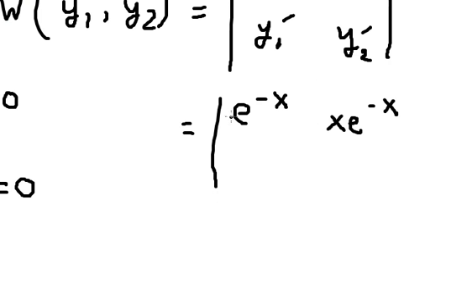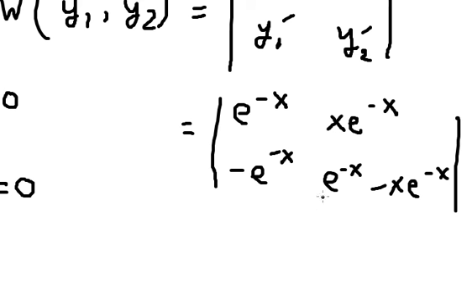First derivative of this one we have negative e to the power of negative s. First derivative of s, we have number 1, so we have e to the power of negative s. First derivative of e to the power of negative s, we have negative s e to the power of negative s. This is about the product rule of this one.